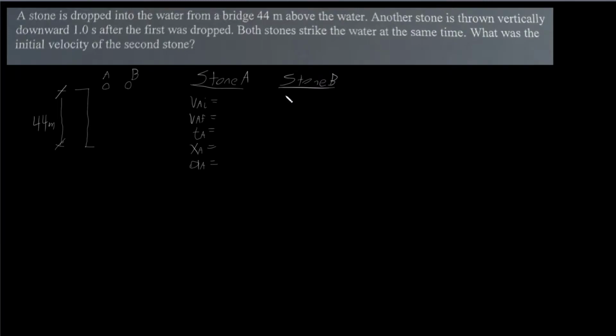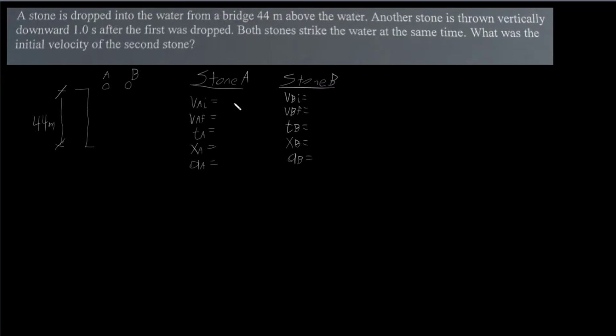And we'll have all of these same values for stone B. So stone B will have an initial velocity, a final velocity, the amount of time that it takes stone B to fall, the distance that stone B travels, and the acceleration of stone B. So let's write in which of these we know and which of these we don't know.